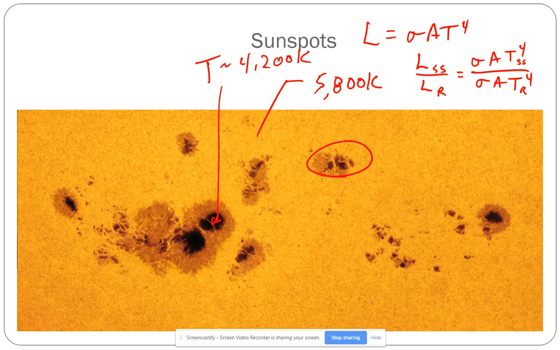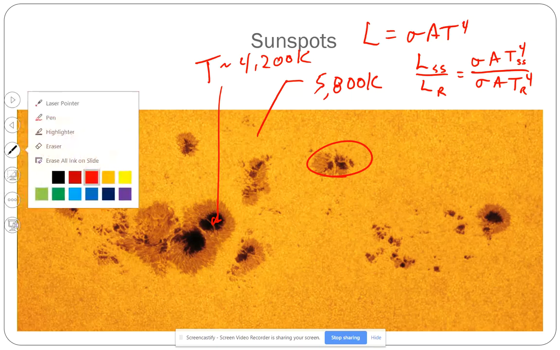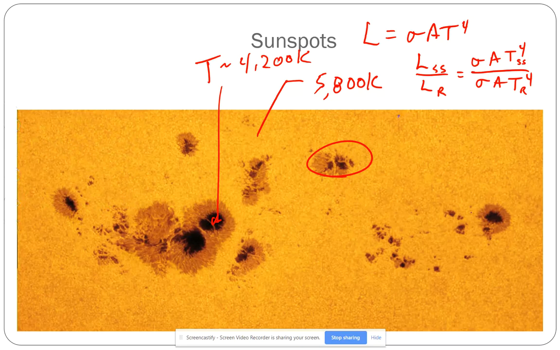And so if I put in the numbers that I have, just changing pen color so I can write on the yellow. That's a 4.